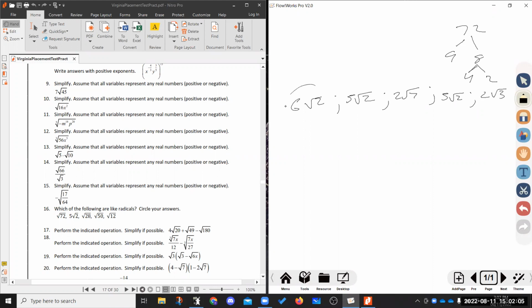So the ones that are the same, that are alike, are... it doesn't say they're equivalent, it says they're like radicals, which means that they can be added together. So root 72, 5 root 2, and root 50 are the ones that are like radicals. Circle the answers there. So that's it.